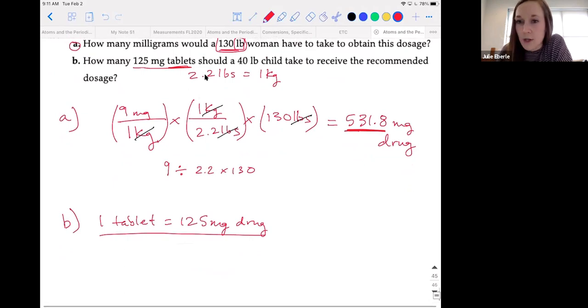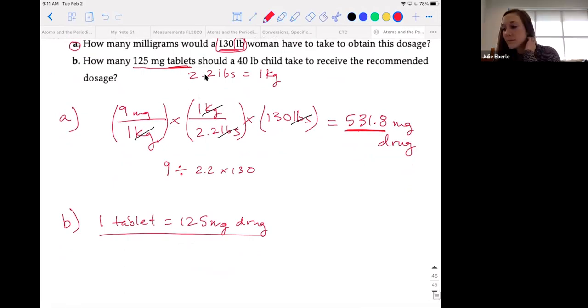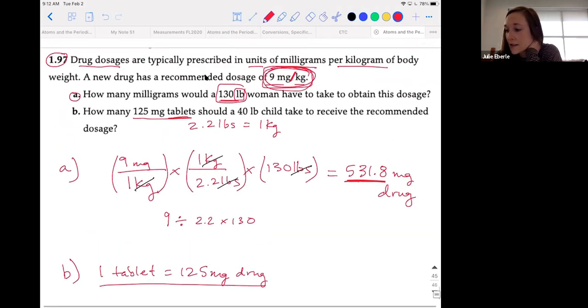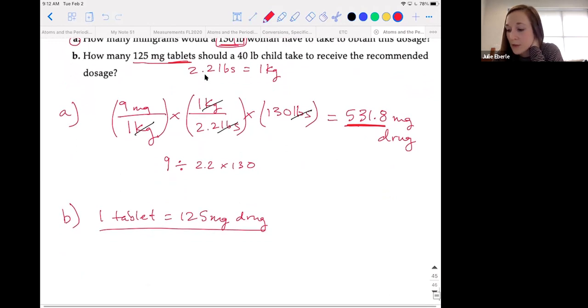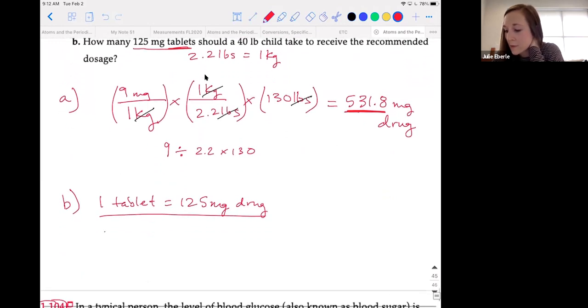All right, so where could we start this problem? Part B, a 40-pound child. Again, the recommended dosage is 9 milligrams per kilogram body weight. Why don't we start with this relationship: for every 1 tablet, I'm going to abbreviate tab, it's 125 milligrams of drug. That way we know we have tablets on top. Now we just cancel any unit we don't want in our answer.